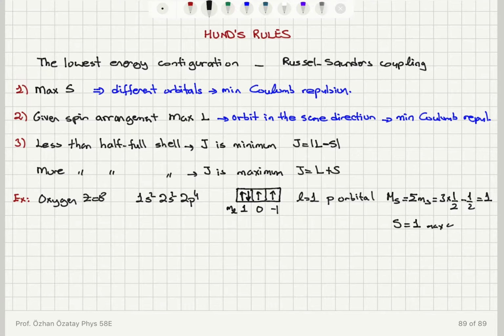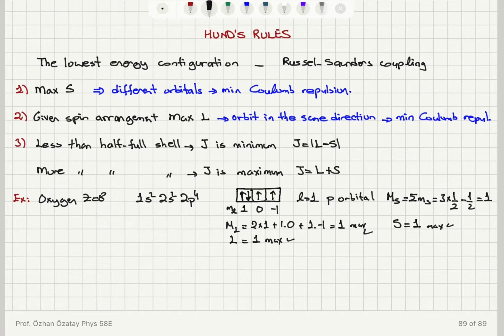And we have m sub l, capital L, equal to 2 times 1 plus 1 times 0 plus 1 times minus 1. So this is going to be equal to 1. That is maximized. And the corresponding L value is 1, which is maximized. So L must be 1.